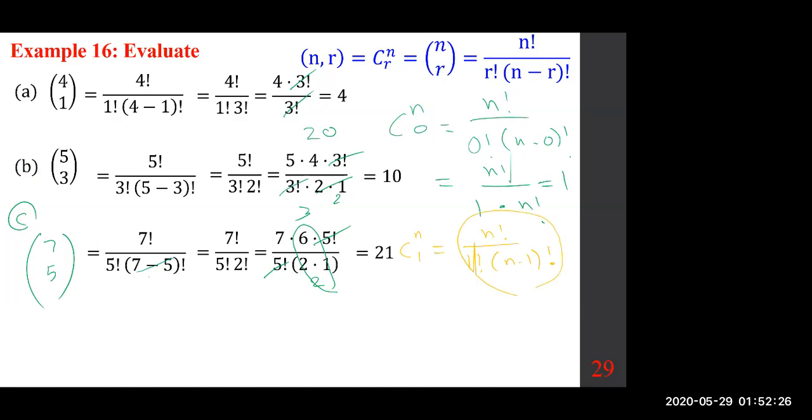What is n factorial divided by n minus 1 factorial? This is equal to n because the top is n times n minus 1 factorial. So Cn1 is n, meaning C5,1 or C10,1 makes no difference, or C anything,1 ends up being n, okay? This being n ends up being 10, this is 5, and that would be helpful when we do the calculation.